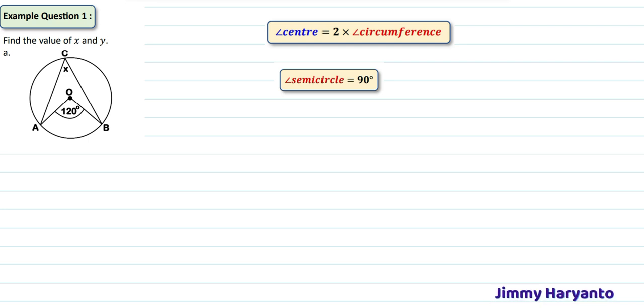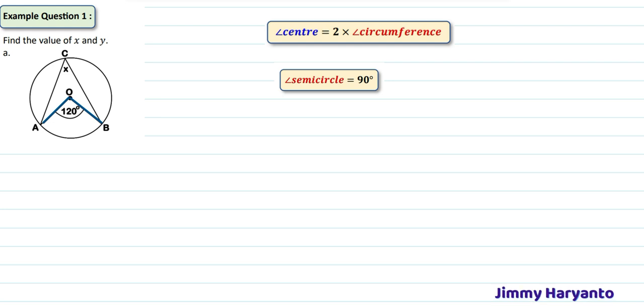So first, if we take a look at the circle, we have the angle at the center and also the corresponding angle at the circumference. How do I know? To make it easier, I will highlight the angle at the center with blue lines. The angle at the center will be this one.